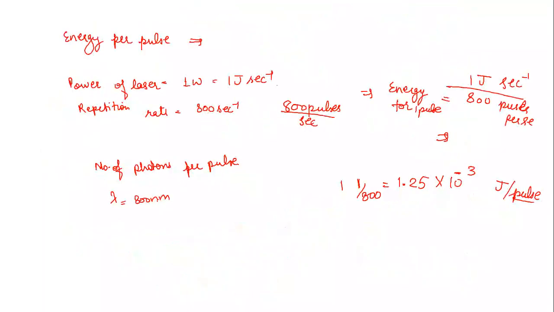In the last question it is given as 800 nanometer. Now what will be the energy of one photon? So totally, say each pulse has n photons.